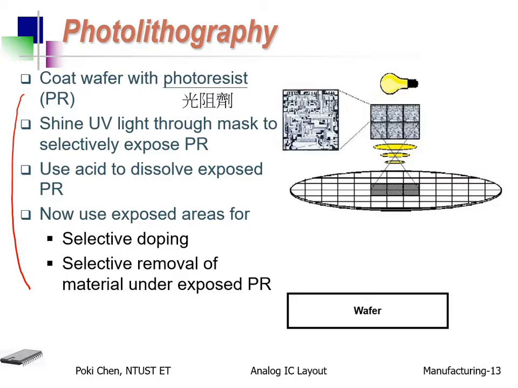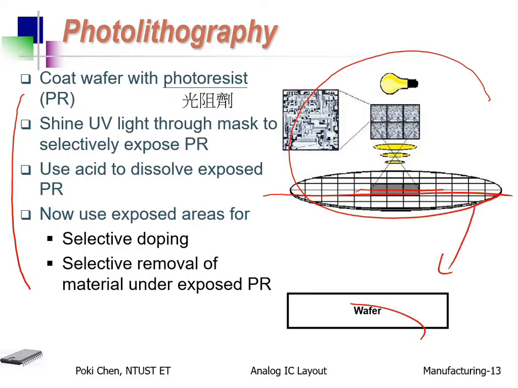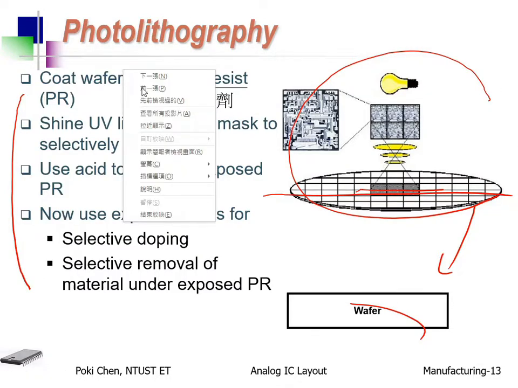So this is some kind of three-dimensional view, and I help you to cut. Then see the vertical cross-sectional view. Alright? Here is the cross-sectional view for the wafer. Alright.